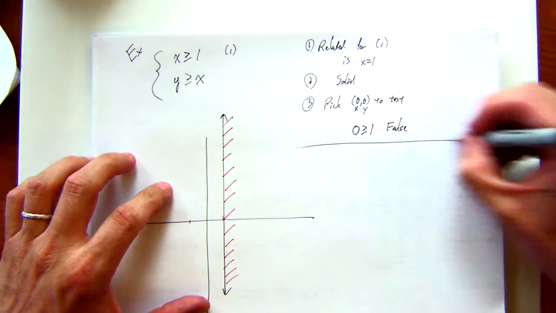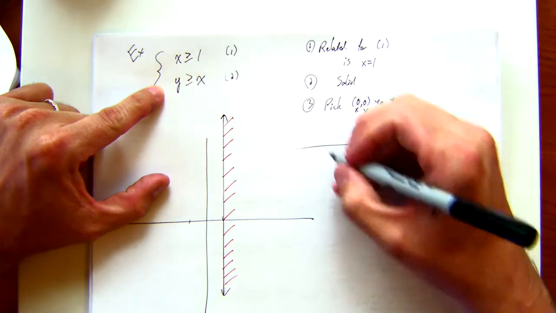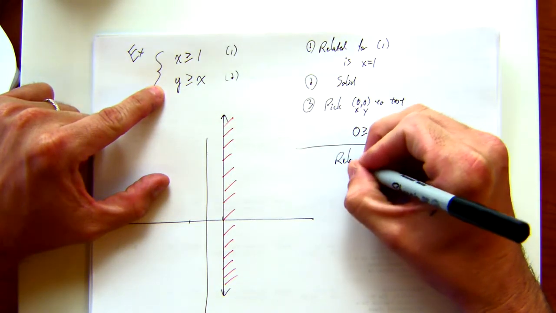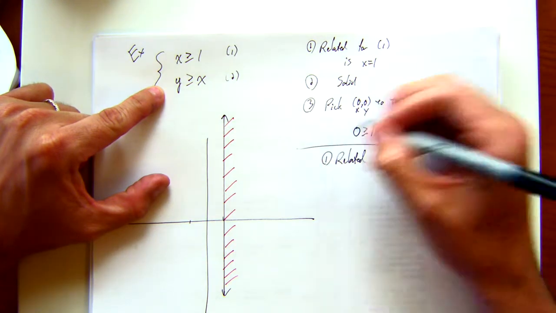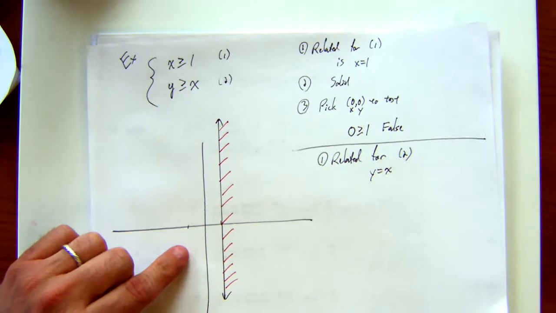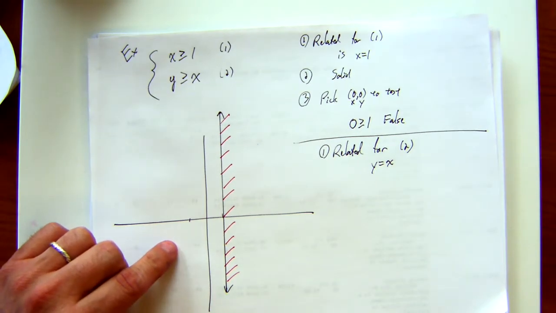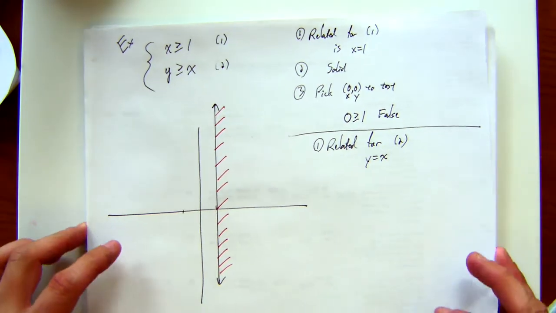Okay, so that was the first one. What about this one? So for 2, what's the related equation for 2? Y is equal to x. Now what does the graph of that thing look like? That was one of your basic functions. That was one of the first videos I did, right?